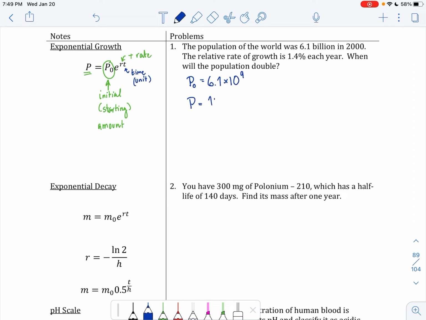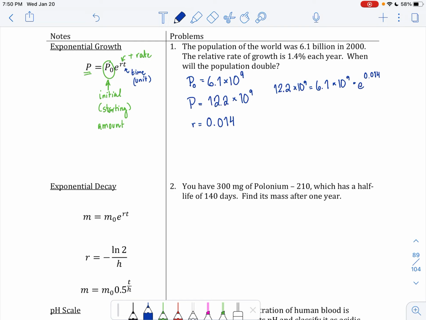Then we can say that the population would then equal 12.2, since we want it to double, times 10 to the 9th, still billion. And the rate is equal to 0.014 for 1.4%. So then when I plug all this into my formula, I get 12.2 times 10 to the 9th equals 6.1 times 10 to the 9th times e to the 0.014 t.